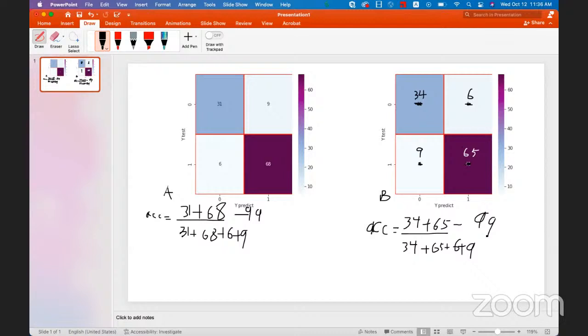We are predicting the number of breast cancer patients, right? What we really care about is that we want to find all the breast cancer patients. We don't want to miss anyone who has breast cancer but is predicted negative. You don't want to miss those.